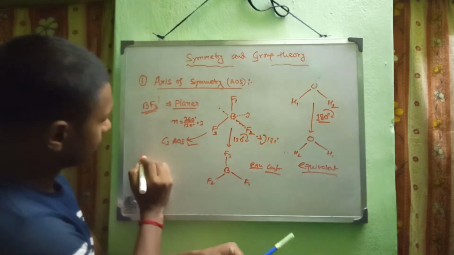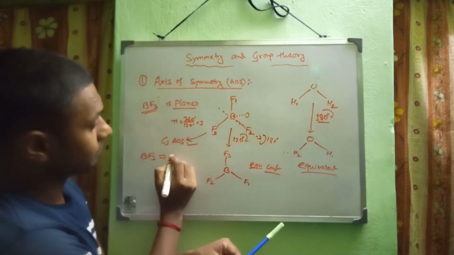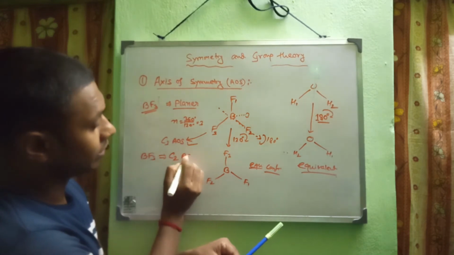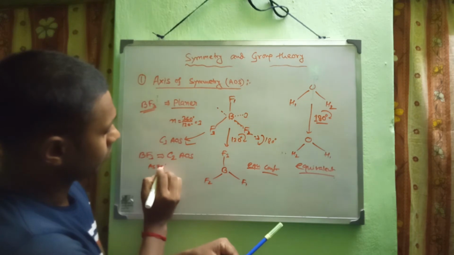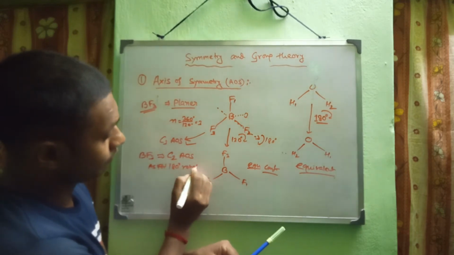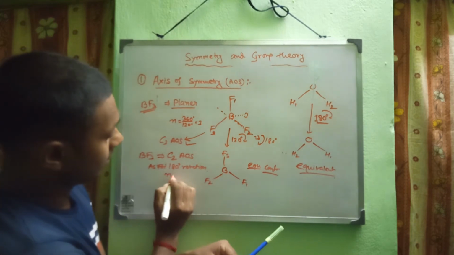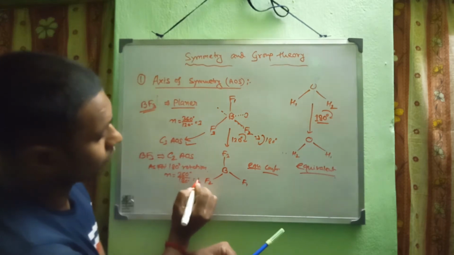So BF3 also has a C2 axis of symmetry, as for 180 rotation n equals 360 degree divided by 180 degree, which is 2.